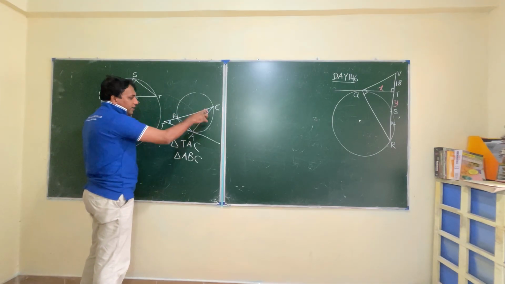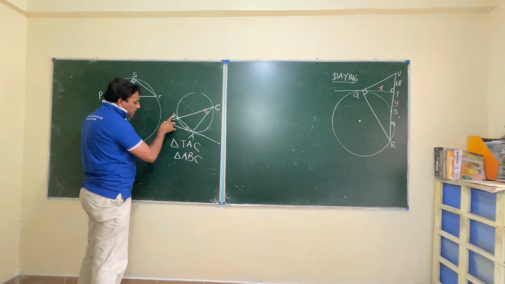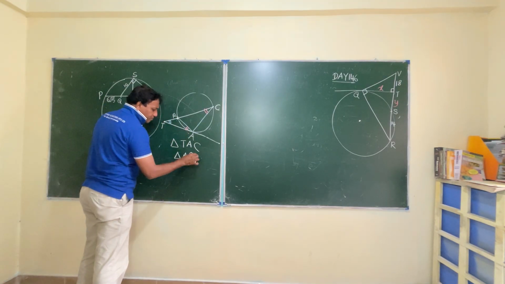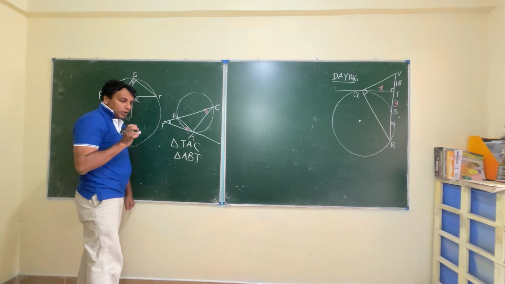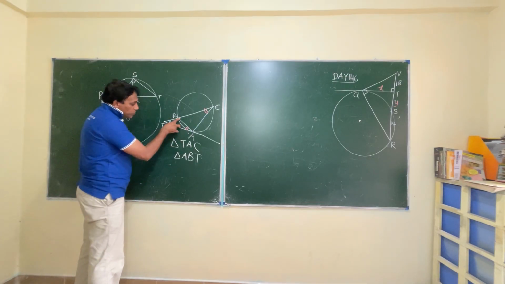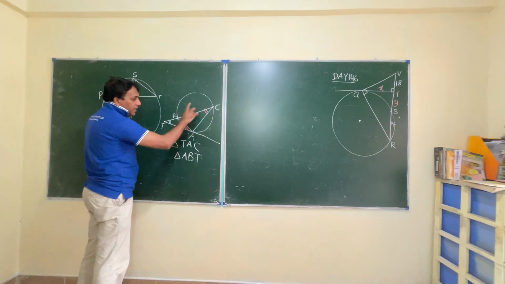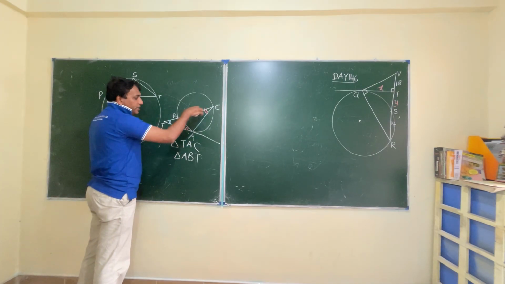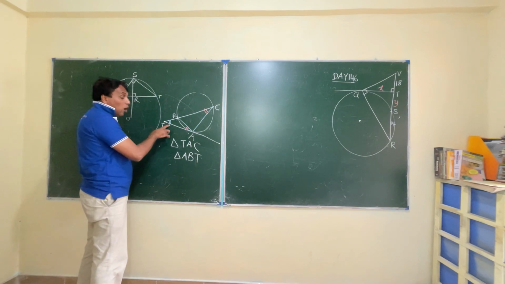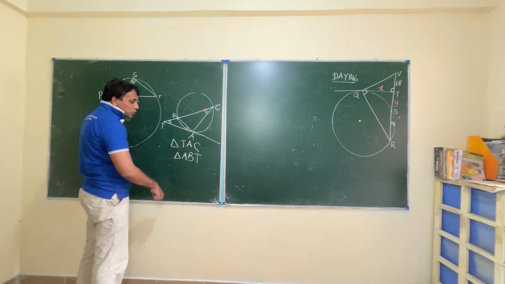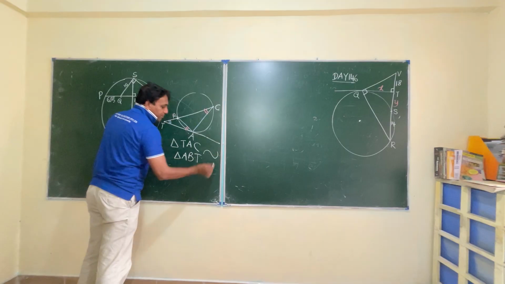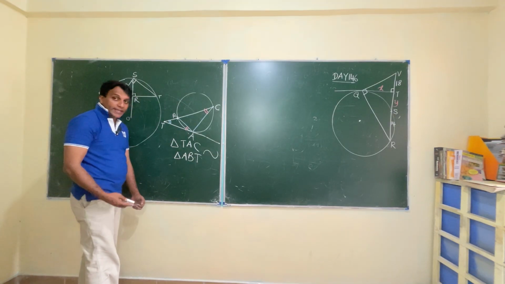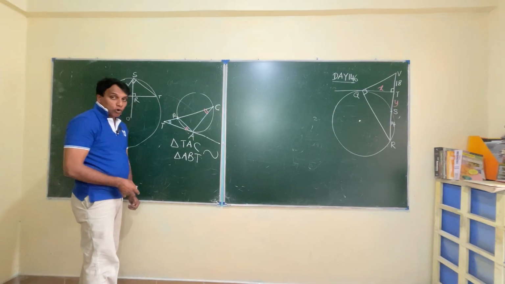Take the big triangle TAC and the triangle ABT. Properly select the two triangles, small one and big one. This angle equals this, and this is a common angle. Therefore, these two triangles are similar, equiangular.